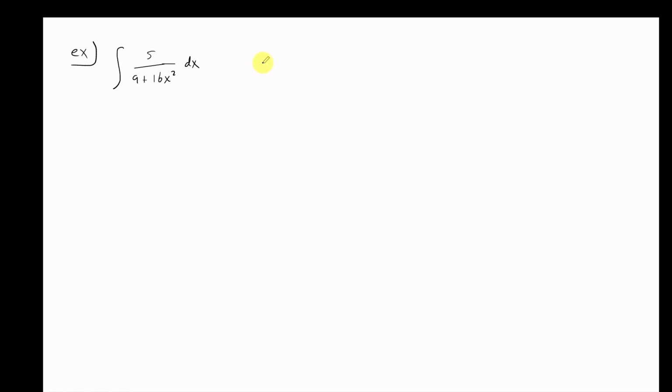I'm going to let a equal 3 and u equal 4x. So then a squared is 9 and u squared is 16x squared. I have to be careful. We also have to convert the differential over. So du dx is 4, so 1/4 du equals dx.